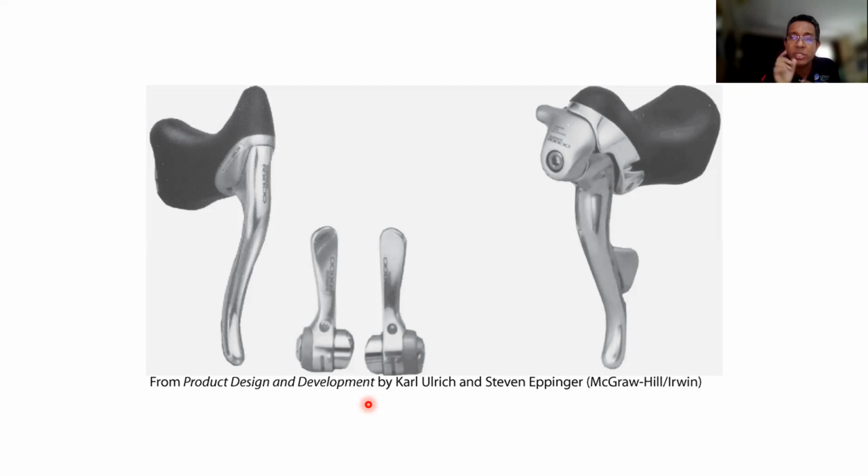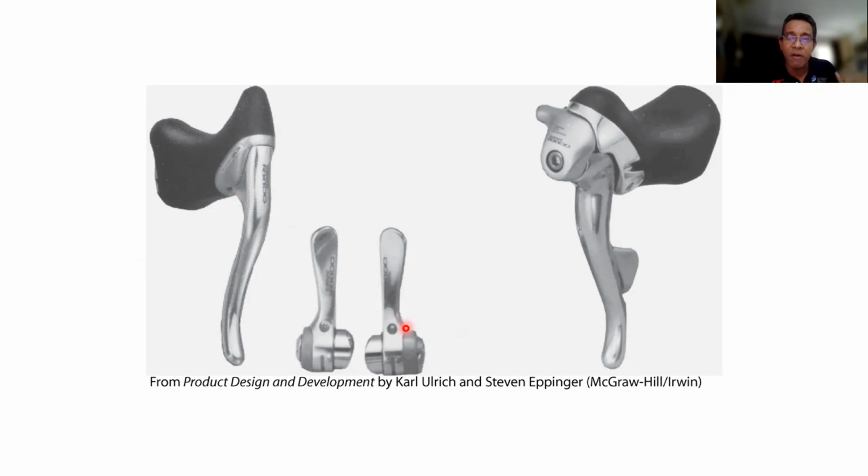So consider the two different designs for a bicycle, because I said just now, this product for the brake and then the gear shift for the bicycle. So this left one is modular, right one is integral. So you can see the difference.